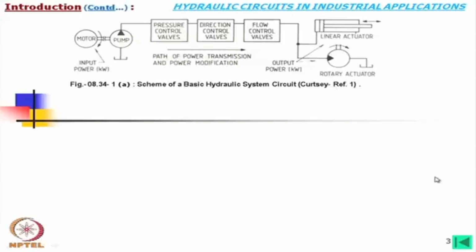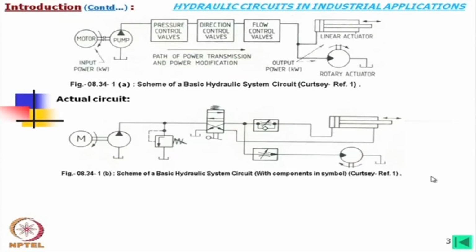Now, with this scheme, what will be the actual circuit? In the actual circuit, again we use the symbols. This is the pump coupled to the motor, and then this is a pressure control valve, which is nothing but a pressure relief valve.